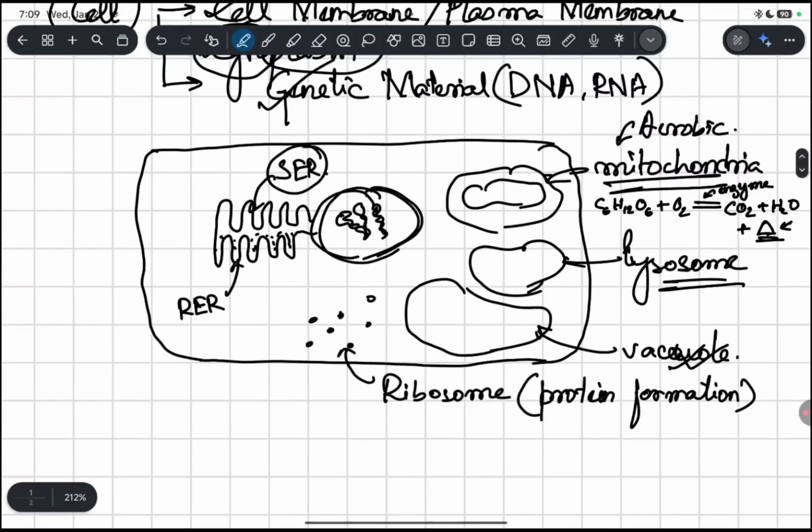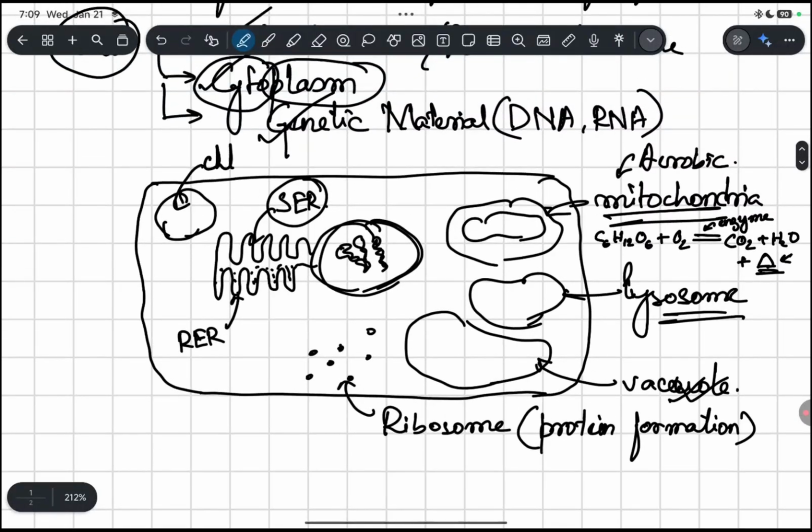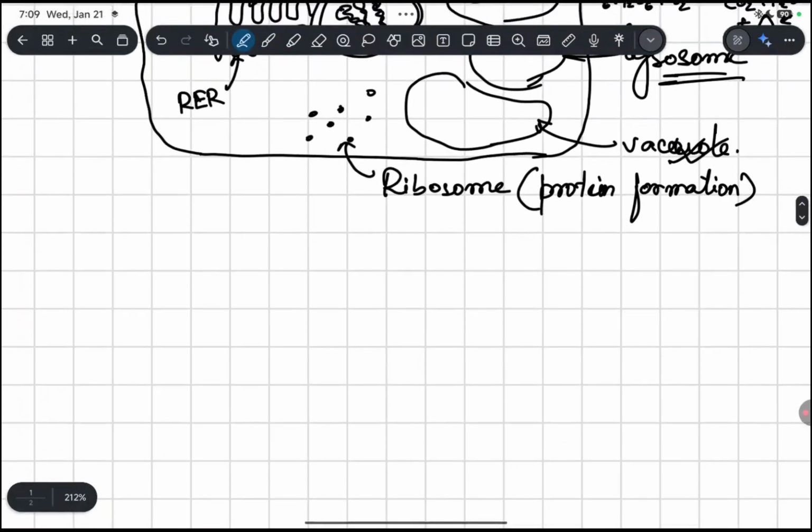Over here we'll have another organelle known as chloroplast, where chlorophyll is present. Of course, this will only be there in a plant cell. And we have another organelle, these small organelles known as Golgi body, or Golgi apparatus, whatever you feel like calling it.